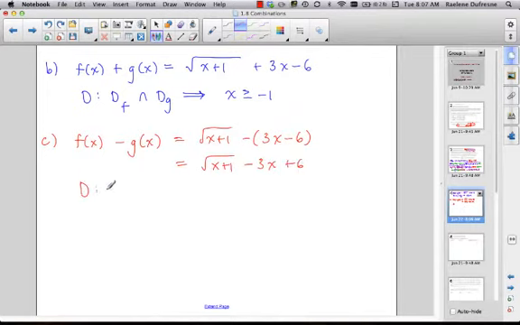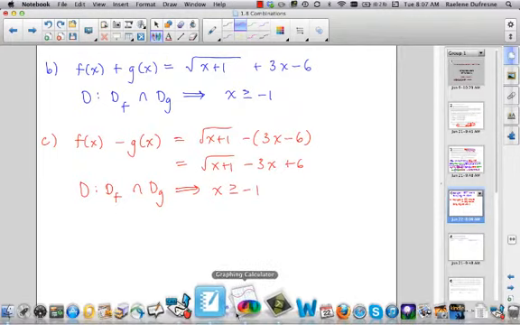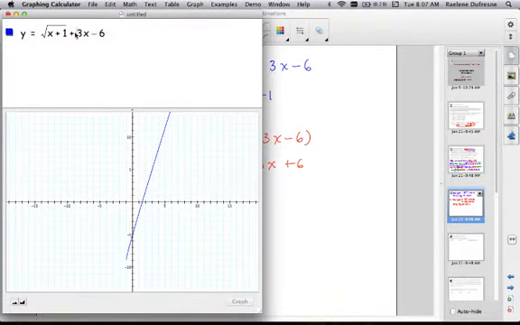Again, the domain of this function is the intersection of the two individual domains, which is the same set. And if we look at the graph, we can see not much is going to change algebraically. The graph will look a little bit different, but the domain is still x greater than or equal to -1.